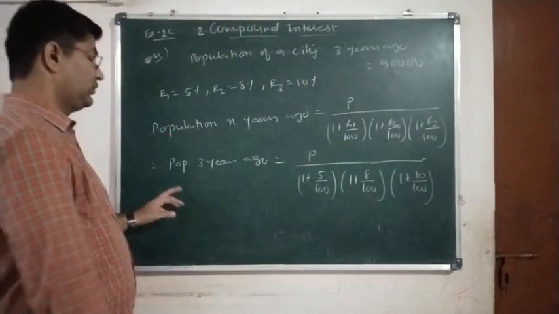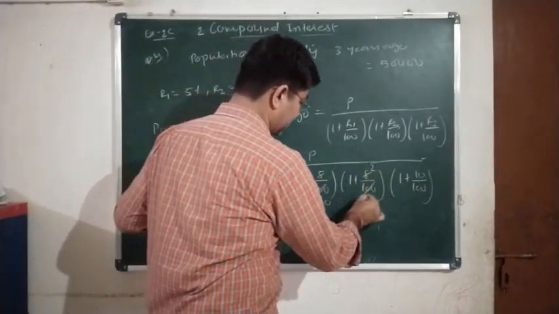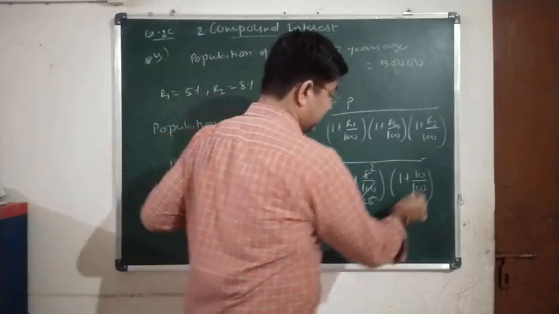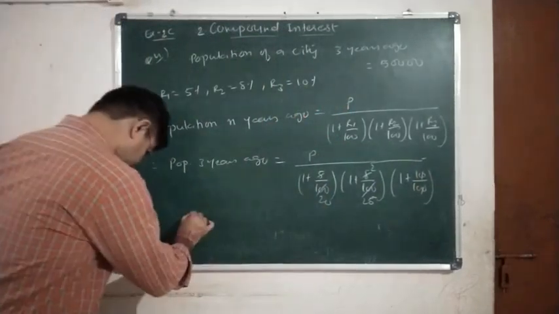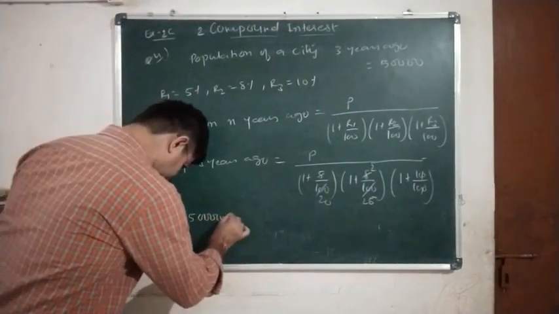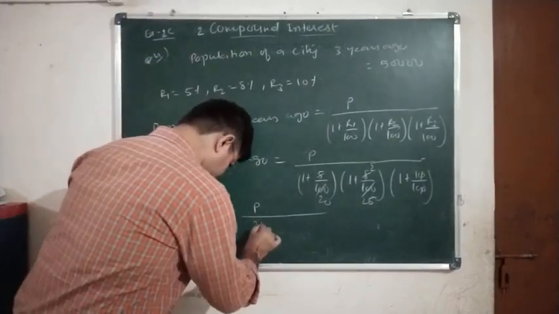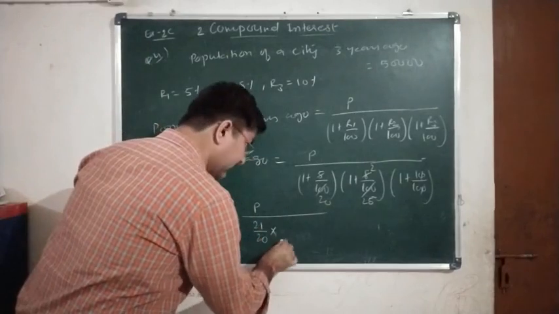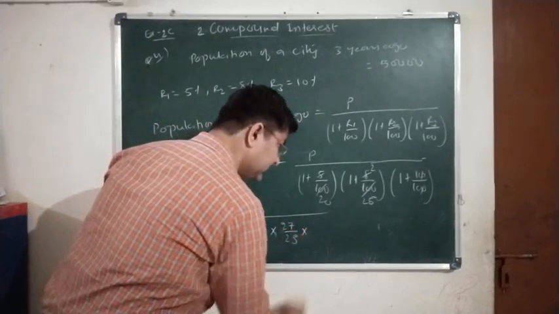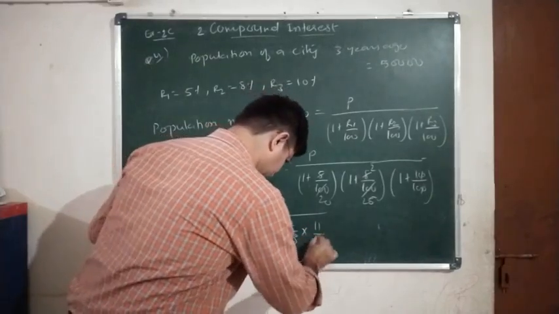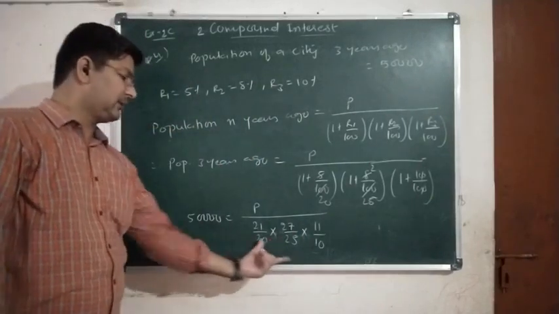Okay, now we can put the values over here. Here we can reduce: 5 20s are 100, 4 2s are 8, 25 4s are 100, and 1 0. Population 3 years ago is 50,000. So 50,000 is equal to P upon 21 upon 20 into 27 upon 25 into 11 upon 10. Now let us further simplify these 3 numbers.